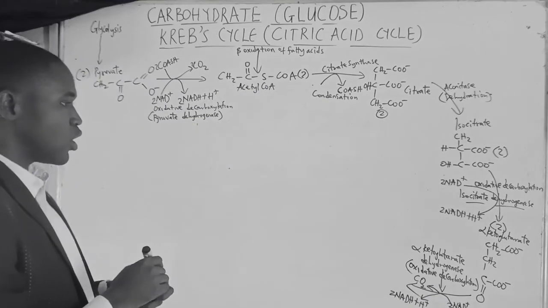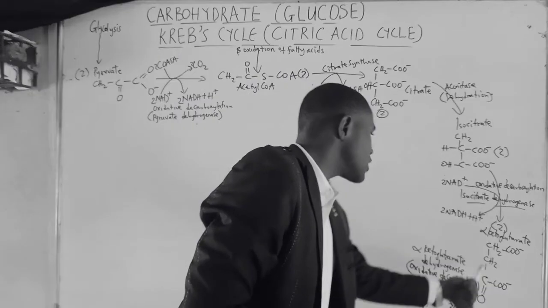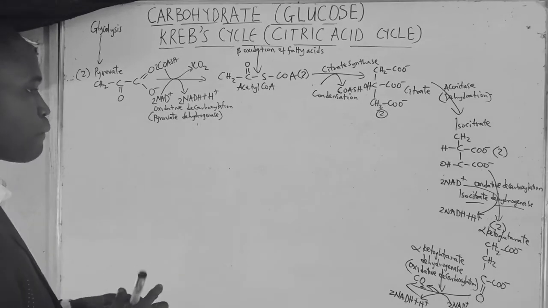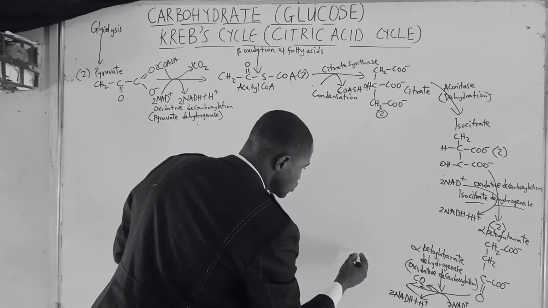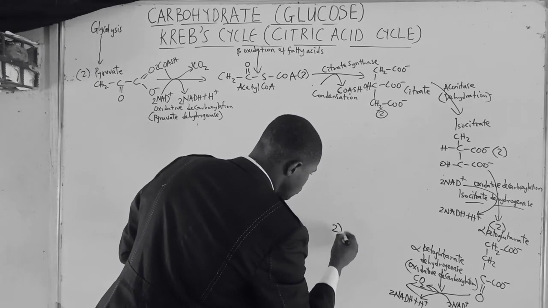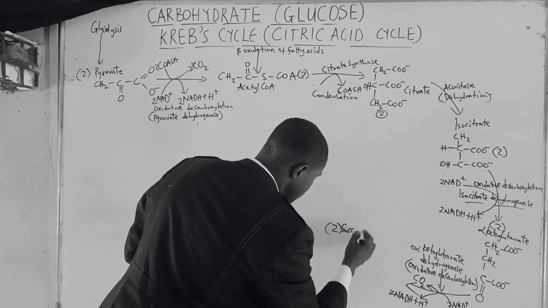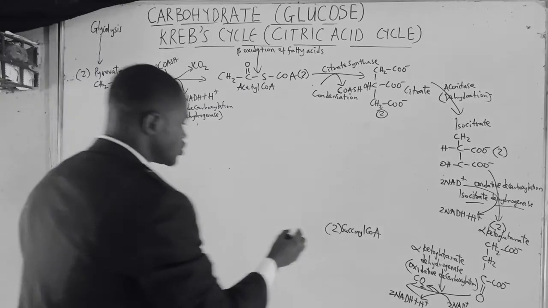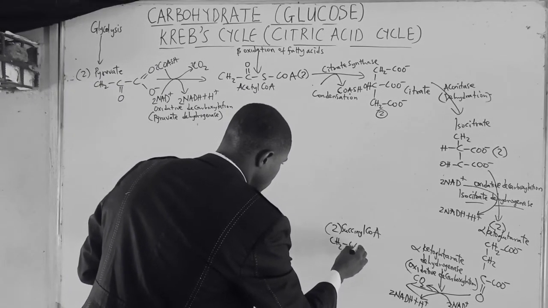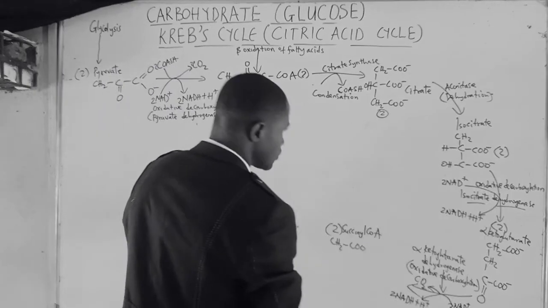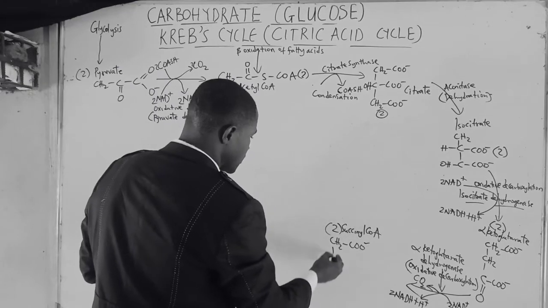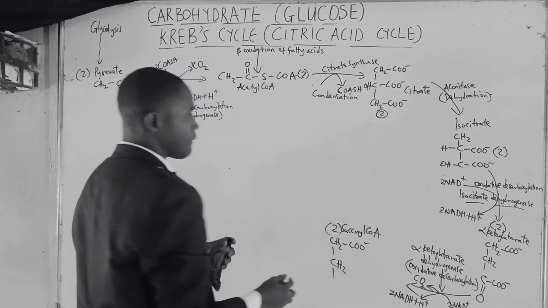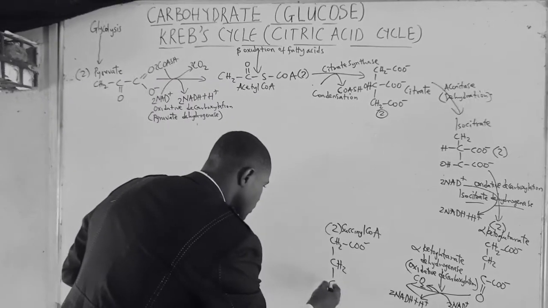Okay? So once this enzyme acts on alpha-ketoglutarate, we'll have what we call succinyl-CoA. 2 molecules of succinyl-CoA. Now, this succinyl-CoA has this structure, it has this structure to be this way.